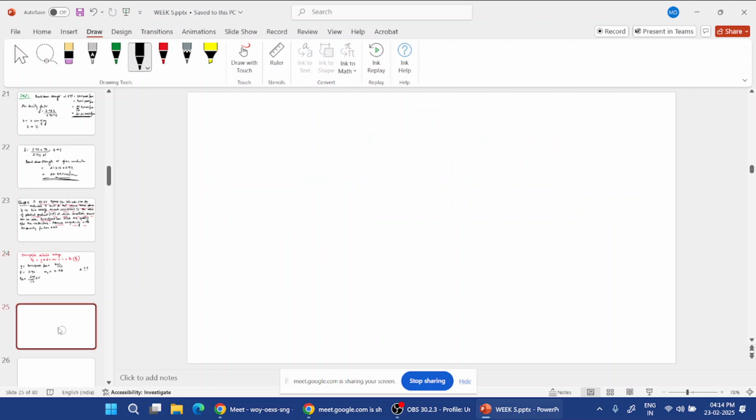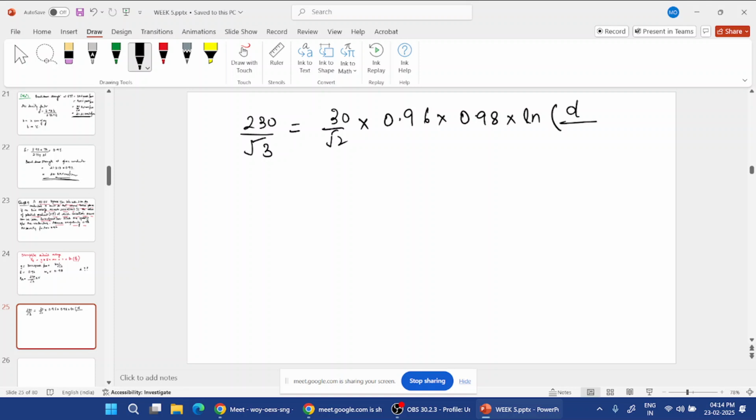So putting these values, 230 divided by root 3 is equal to G, which is 30 by root 2, air density factor 0.96, irregularity factor 0.98, into log D by R. R is given with diameter 2 centimeter, so R will become 1 centimeter.